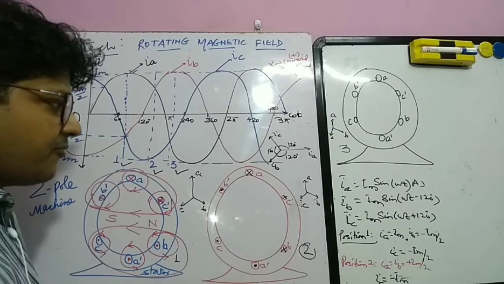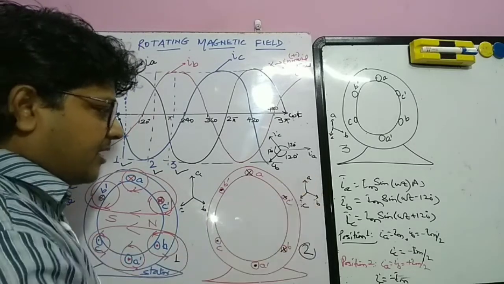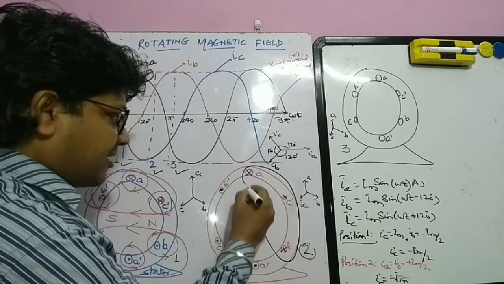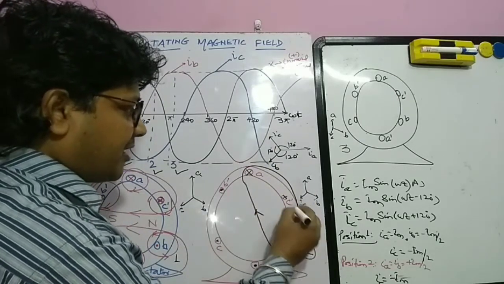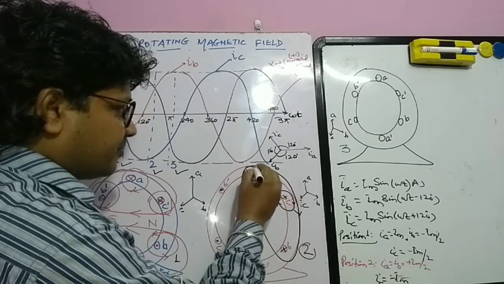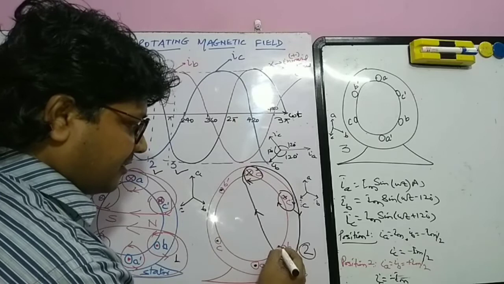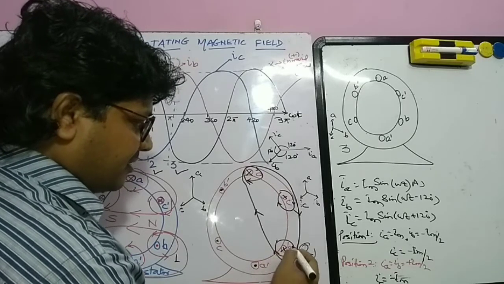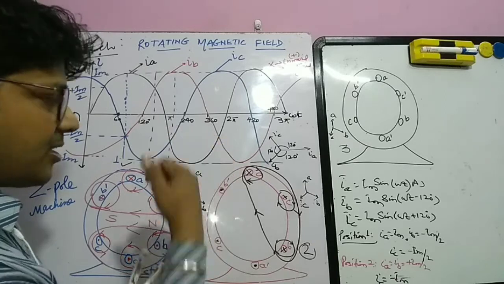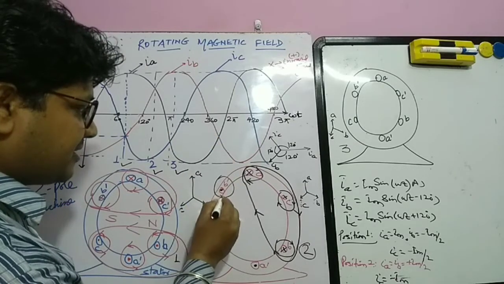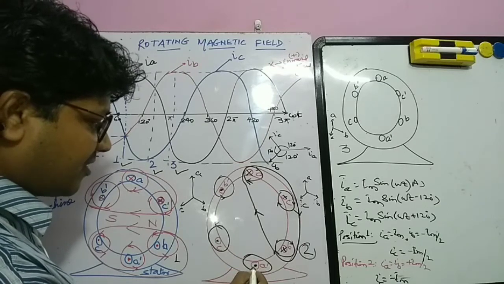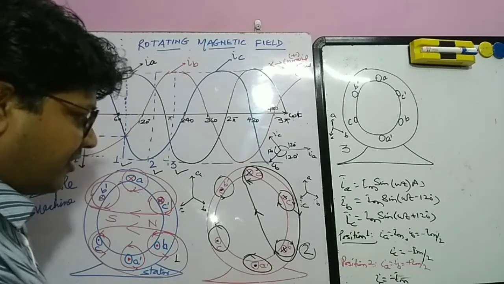So what we are observing here, if we include all the directions like the previous one, our magnetic field is moving like this, right? Current is coming outside. This is the direction of current and this is the direction of magnetic field.